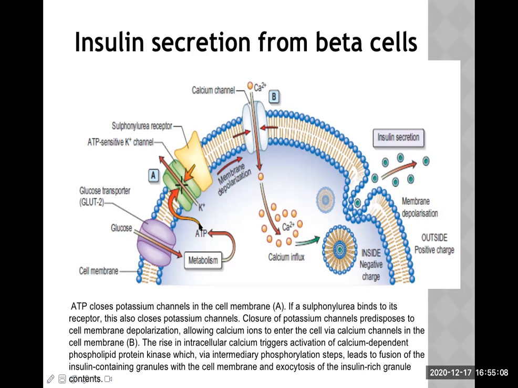This ATP is essential here. This ATP will act on the ATP sensitive potassium channel which is present there and will close it. See there is a closure of the ATP sensitive potassium channel. Now, after it is closed, there will be depolarization of the membrane. Now, in this case, this is the way of membrane depolarization, but in other types of cells, there is another way which is mentioned in different textbooks.